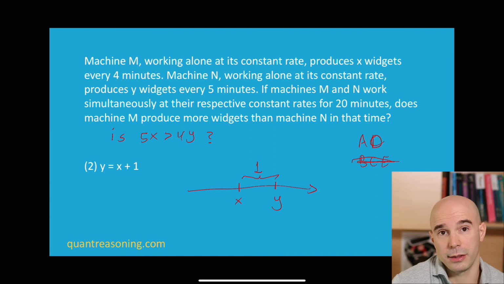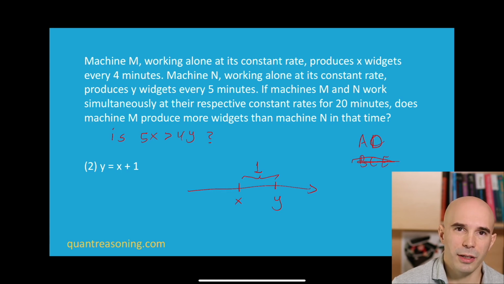They're positive integers. So knowing that they are positive integers and knowing that y is 1 to the right of x, meaning they're consecutive positive integers and y is bigger than x by 1, does that mean necessarily that multiplying x by 5 would be bigger than multiplying y by 4? And because we have that positive integer constraint, I will test cases.